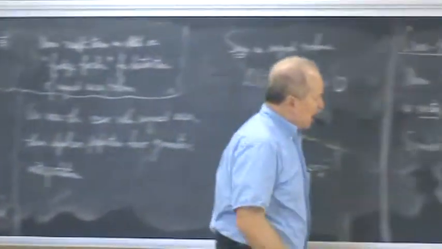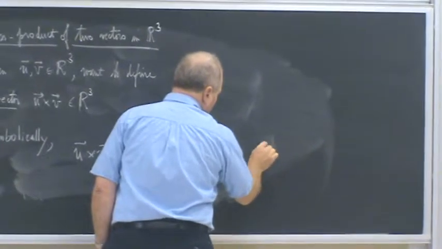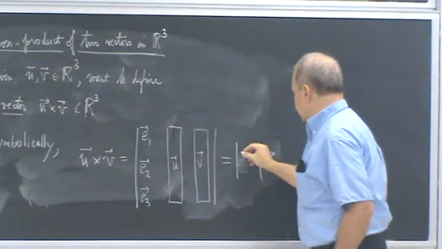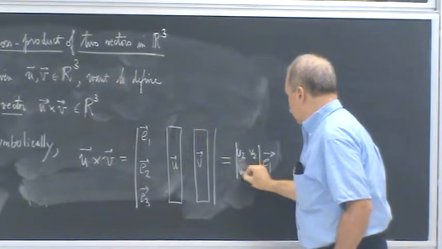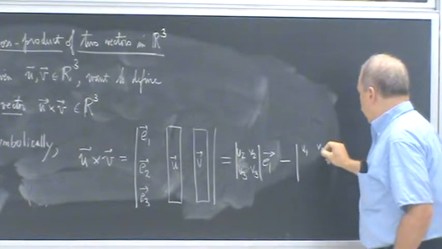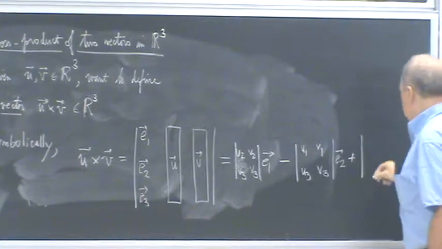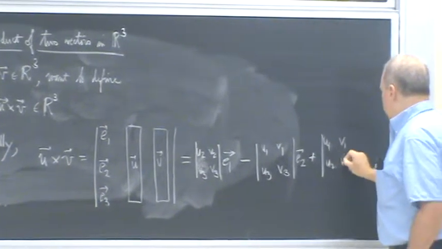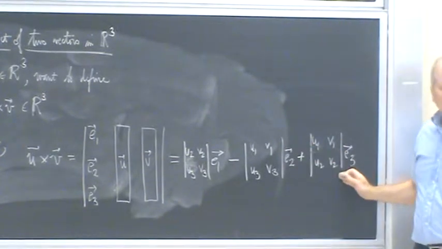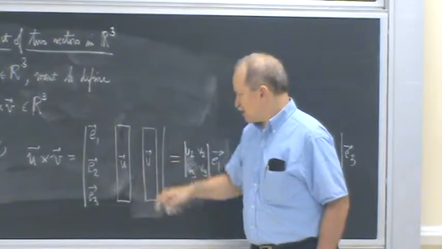So by definition, I mean e1 times the scalar that's the determinant of the bottom part of the u's and v's, u2, v2, u3, v3, minus the determinant u1, v1, u3, v3 times e2, plus the determinant u1, v1, u2, v2 times e3. Please don't memorize this. Just think determinant and do the determinant as we were discussing.